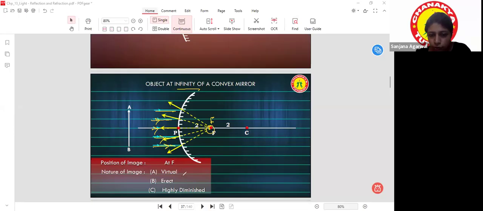So the nature of the image is virtual and erect. You can see, because it is formed behind the mirror, we do not need any screen, but the image will be highly diminished. This convex mirror forms diminished or smaller size images.